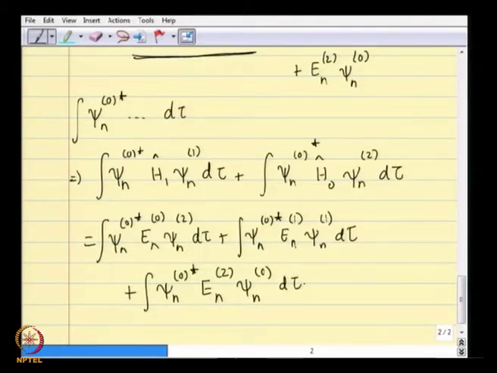Okay. So, you have on the left hand side 2 terms and on the right hand side 3 terms.